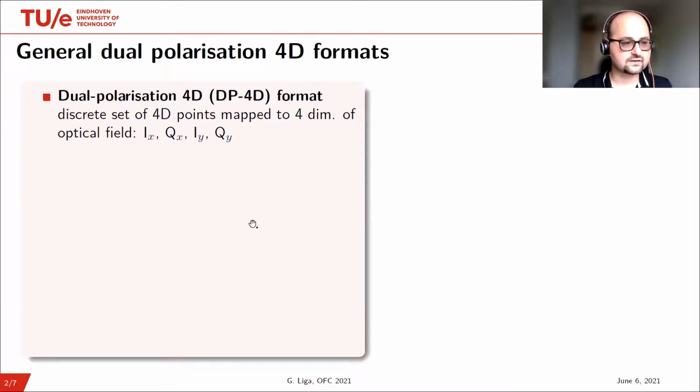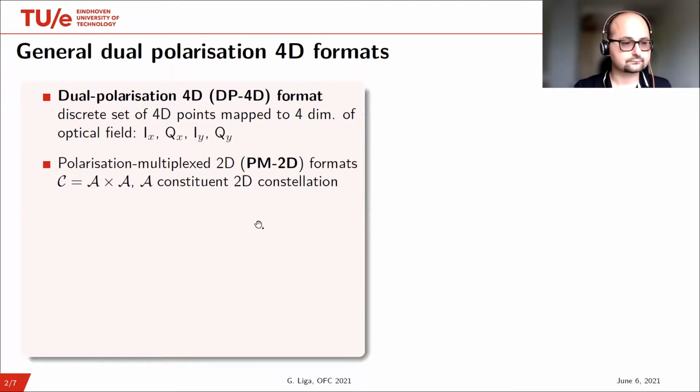Well, a DP4D constellation is a discrete set of 4D points that are mapped into the 4 available dimensions of the optical field, meaning the 2 quadrature components on each of the 2 polarization channels, X and Y. A subset of the set of DP4D formats is the set of polarization multiplex 2D formats, or PM2D, which can be generated by simply doing a Cartesian product of the so-called constituent 2D constellation by itself.